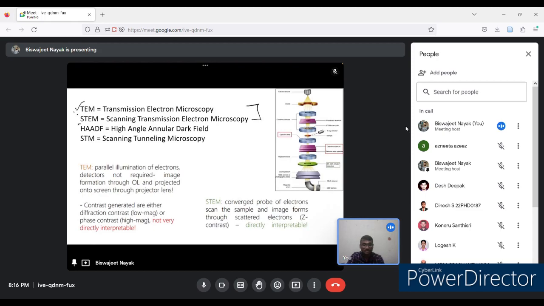So in certain circumstances we prefer STEM over TEM, where STEM is scanning transmission electron microscopy. In future you will be reading a lot about this, but I'm just introducing it. HAADF, high angle annular dark field, is basically a detector used in STEM to detect the electrons. STM is scanning tunneling microscopy. It is a bit different from this type of microscopy which is mentioned. Why have I mentioned this? Because people get confused between STEM and STM.